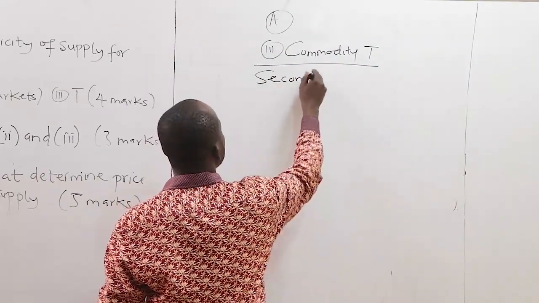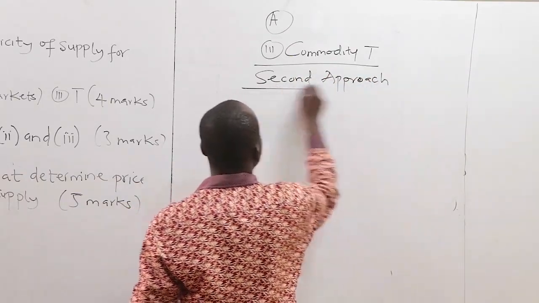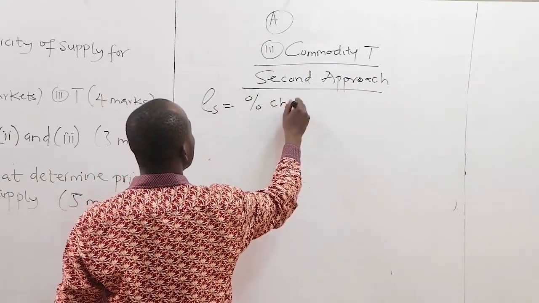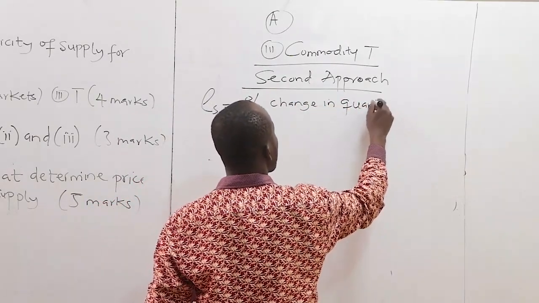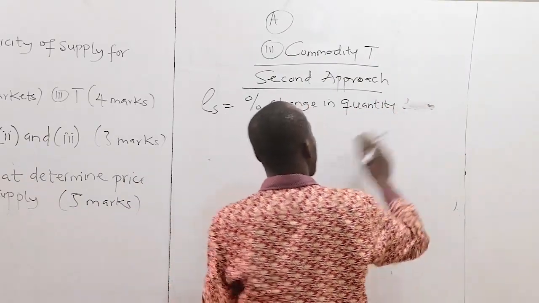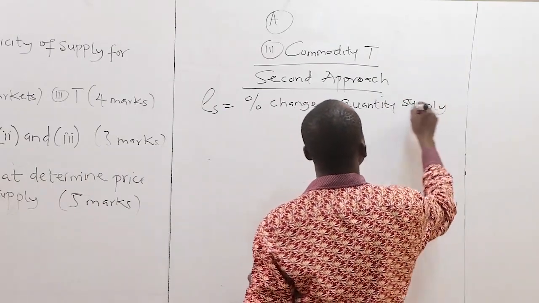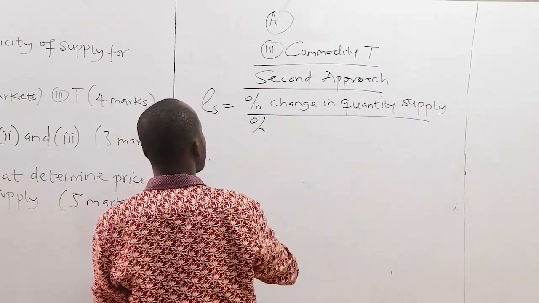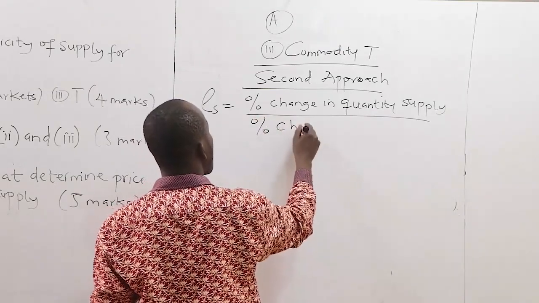The second approach is going to be cross elasticity of supply, which is equal to percentage change in quantity supplied divided by percentage change in price.